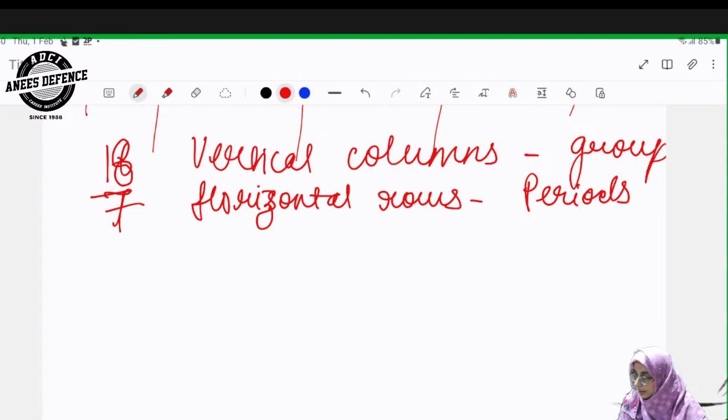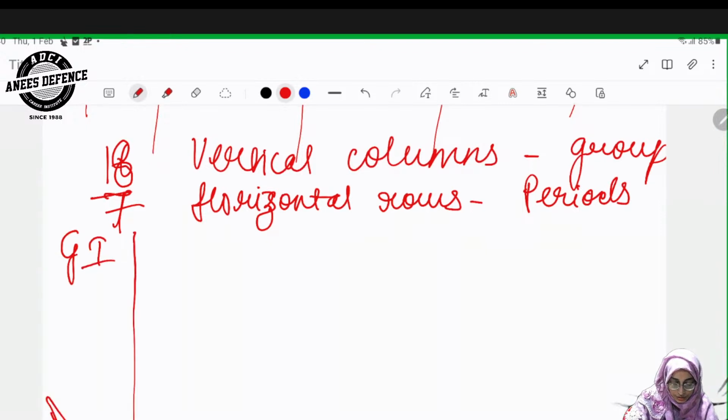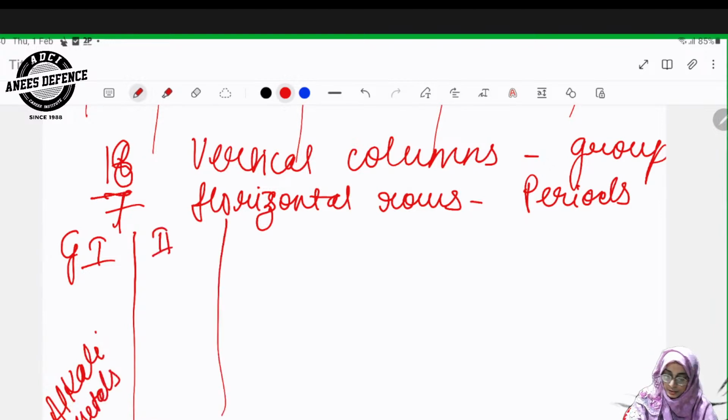Now let me tell you some names. Group first elements are known as alkali metals. Group second elements are known as alkaline earth metals.